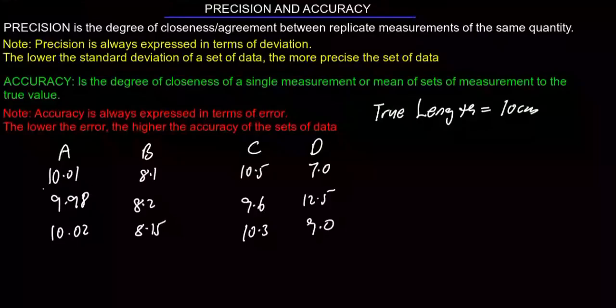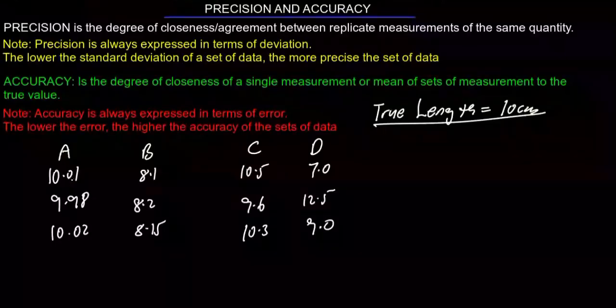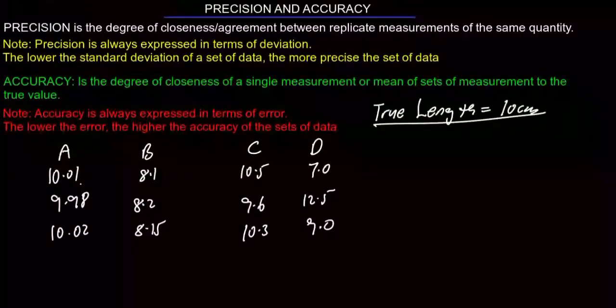Remember, when we are commenting on precision, we have nothing to do with accuracy at all. Now let's look at the precision. How close are these values? Are they very close? If you look at it, yes. If you look at the difference between them, what is 10.01 minus 9.98? It is 0.03, which is very small.